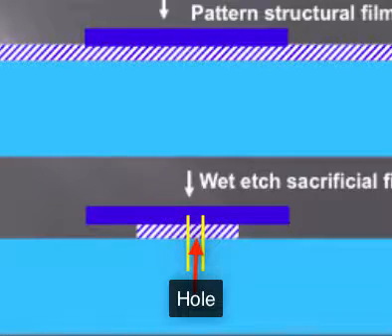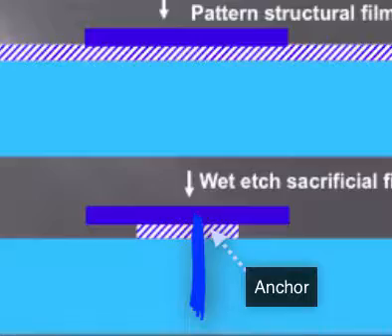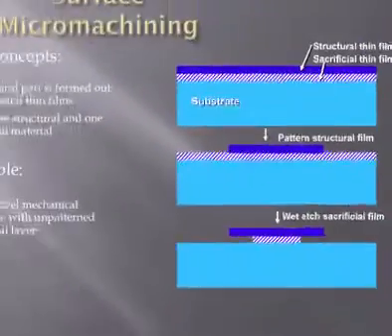What if I have a hole in there? I make a hole in the cross-hatched area. Okay, if I make a hole in it, and then when I put down the thin film, it's going to fill the hole, right? And connect the two. And then if I get rid of all of this, you'll have it attached. It's called an anchor, right? So that's the kind of things you have to think about. Okay?